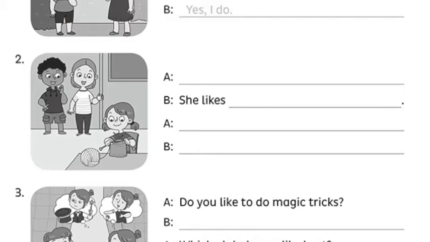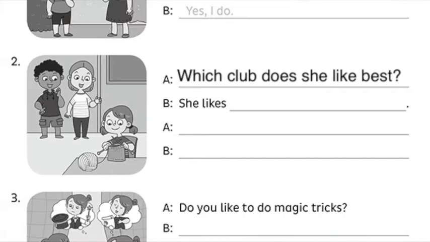Okay, so let's start with the question. We know we are going to use she because the answer starts with she likes. So what question can we ask? We can ask which club does, because we're using she, which club does she like best?